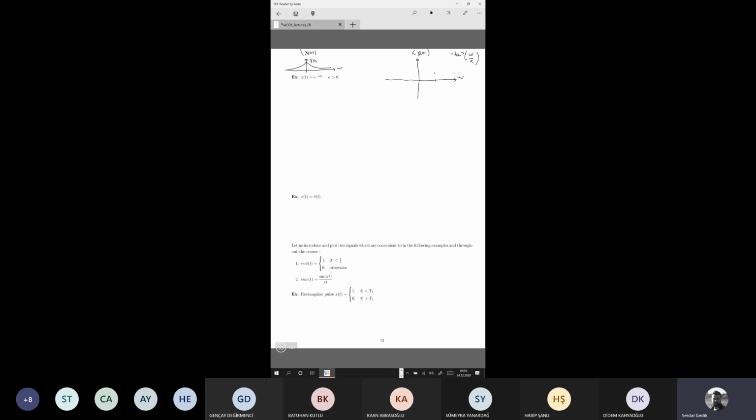So I have the angle minus pi over 4 at a, and at minus a, I have the angle pi over 4. So it is, let's say, this and this.